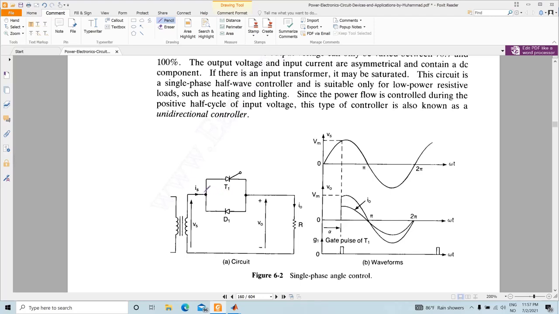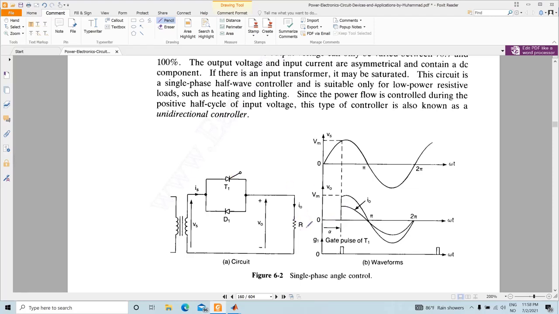In the other direction you do not have any controllability. In this case, thyristor T1 is triggered after the firing angle alpha, and the current starts flowing after that and continues to flow until the thyristor current is 0.